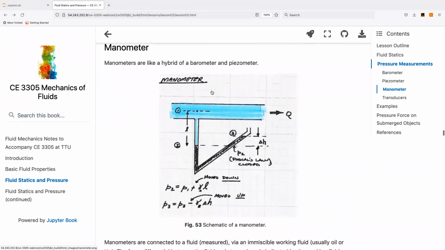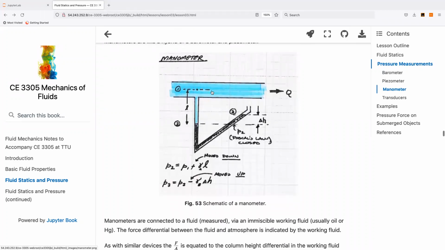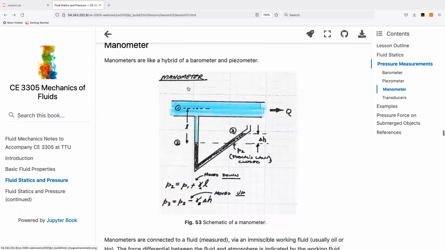Our next one is a manometer, which is kind of a hybrid between a barometer and a piezometer. So the idea of a manometer is we stick one end of it into the fluid that we want to measure, and we have the other end in some reference case. In this case, we're showing it as the atmosphere, and then we have a different fluid, the working fluid in the manometer, which is to do the pressure indication for us.